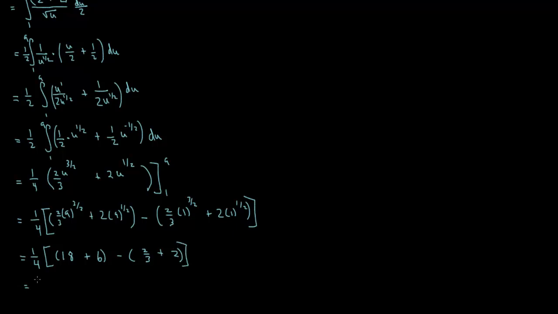So getting there, we have 1/4. Now let's see, 18 plus 6 is 24. Then we have minus, distributing our negative sign, minus 2/3, minus 2, and we get 64 over 3.